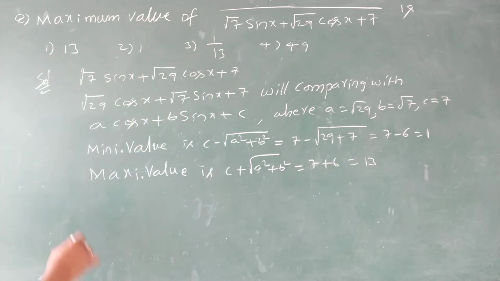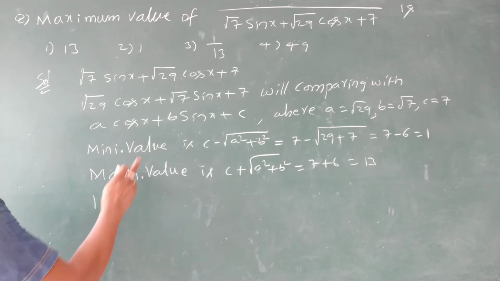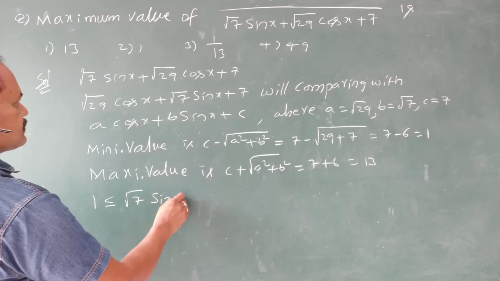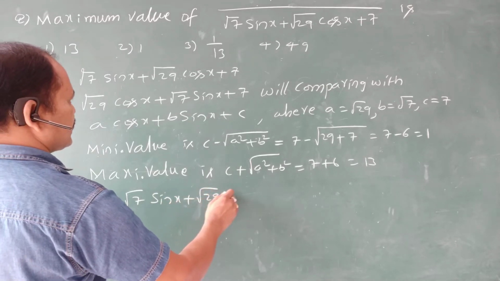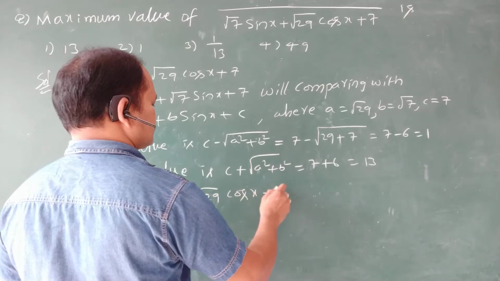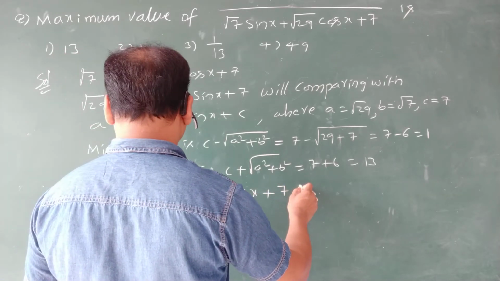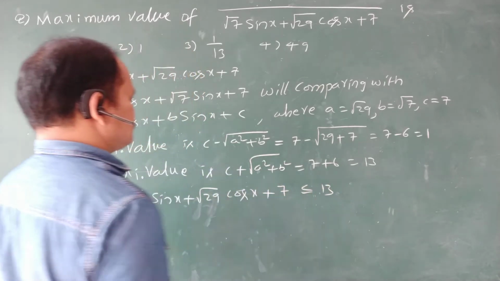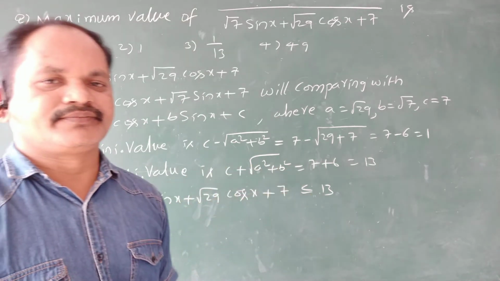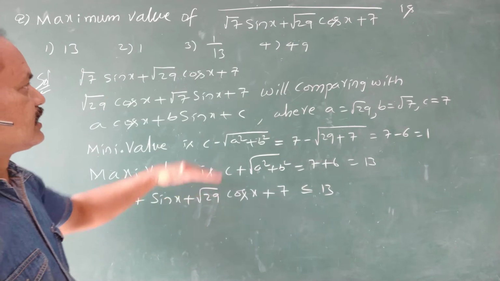So 1 is less than or equal to root 7 sin x plus root 29 cos x plus 7, which is less than or equal to 13, since this expression lies within the interval 1 to 13. Now we require the reciprocal of this.